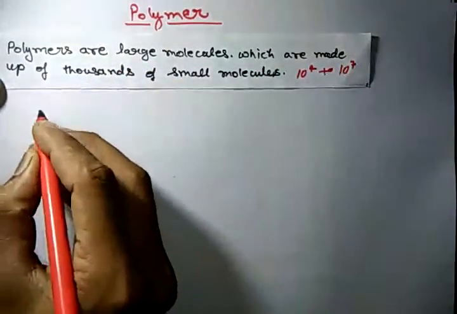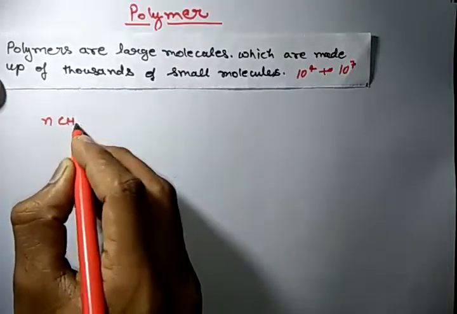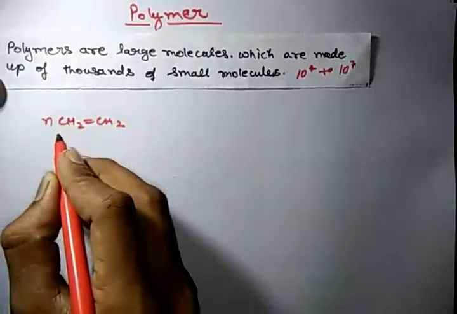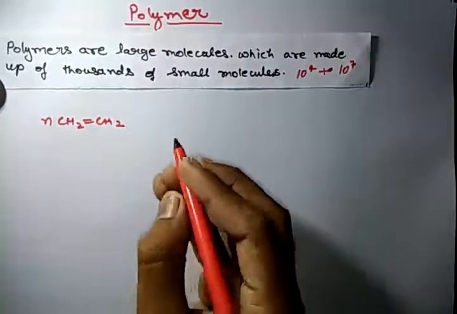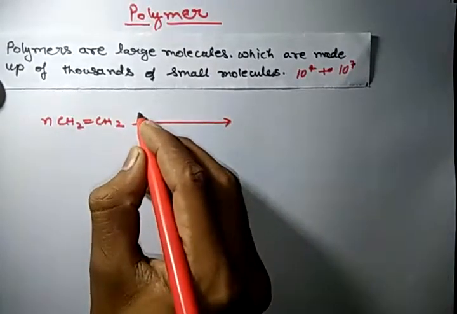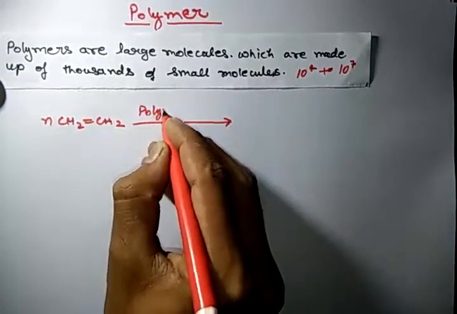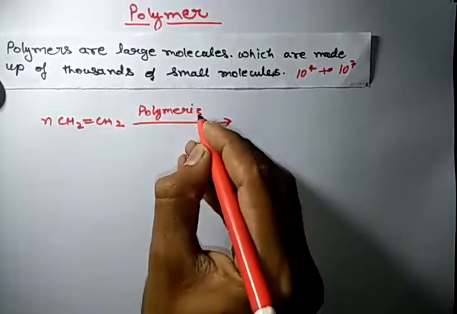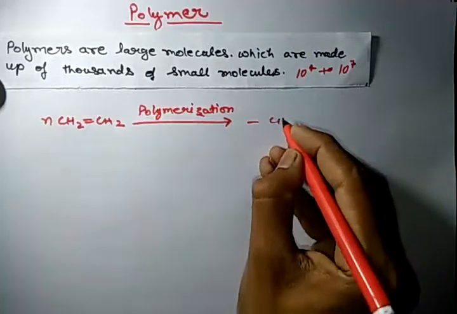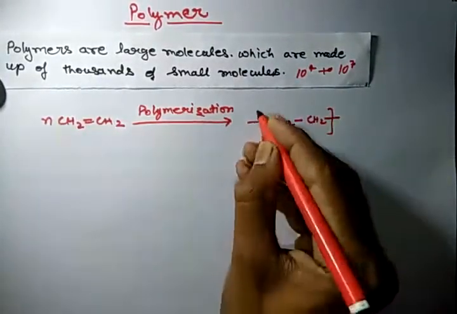So for example, suppose there are n molecules of ethylene. When they go into polymerization, then a chain is formed.